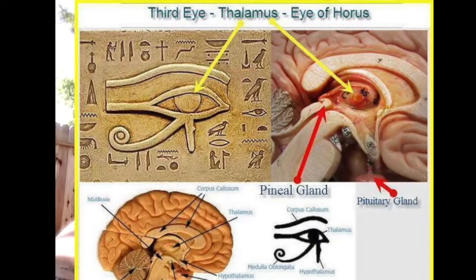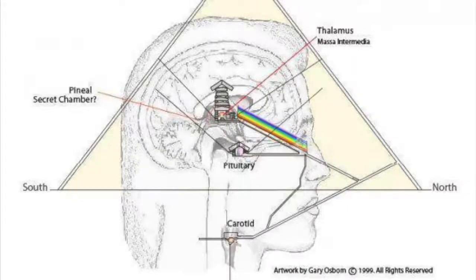If we place the image of the Great Pyramid directly over the human skull and line it up geometrically, this vaulted chamber, this third eye, this third ventricle, this fornix chamber directly corresponds to what's called the King's and Queen's chamber within the Great Pyramid of Giza, Egypt.